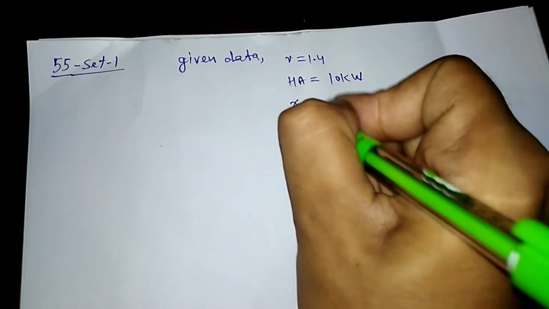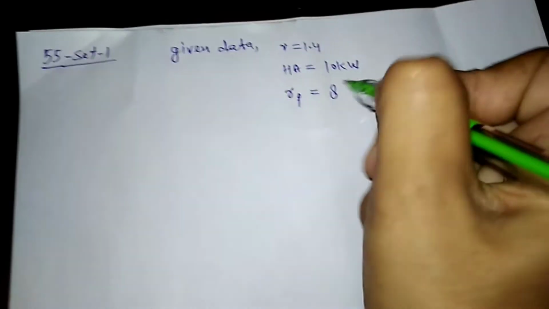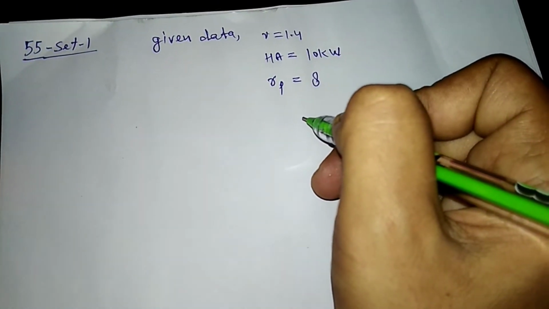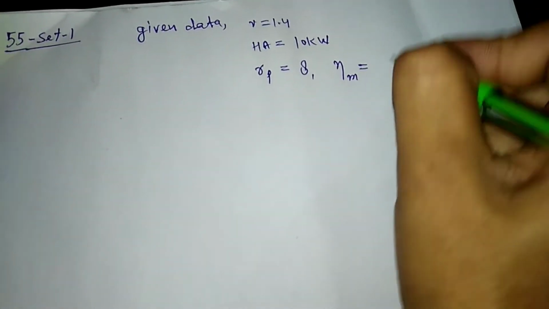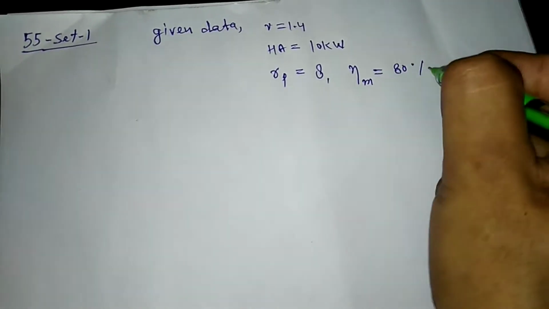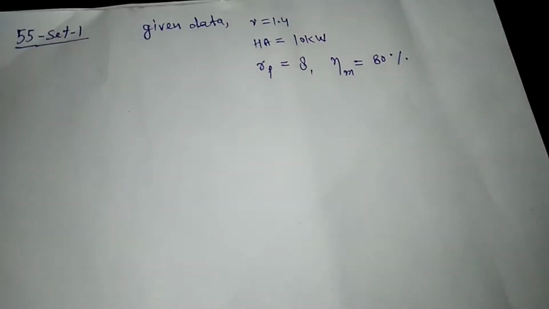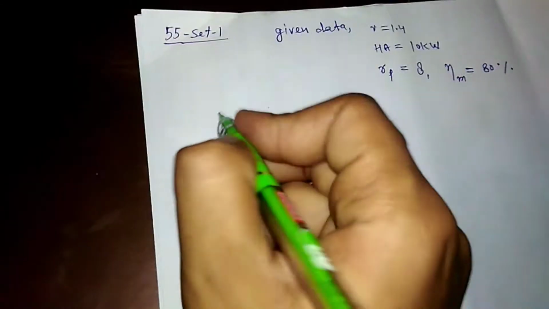Compression ratio rp is 8, and mechanical efficiency eta mechanical is 80%. So we have to calculate the brake power.